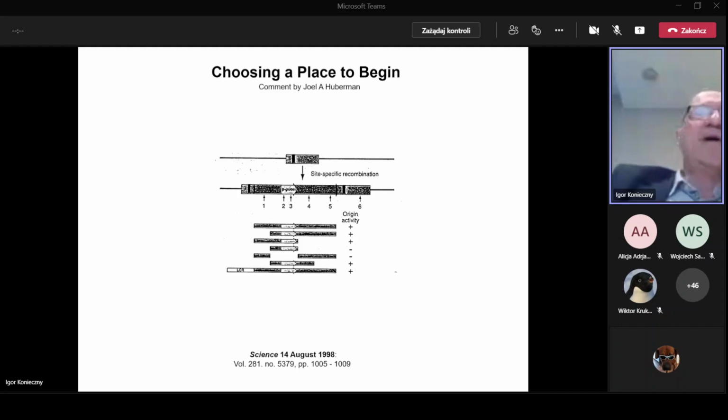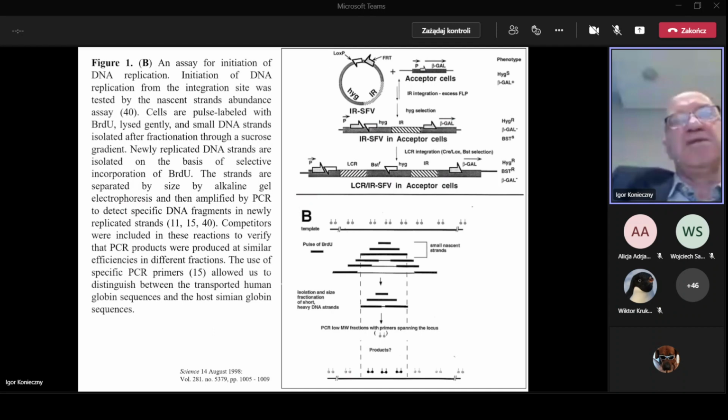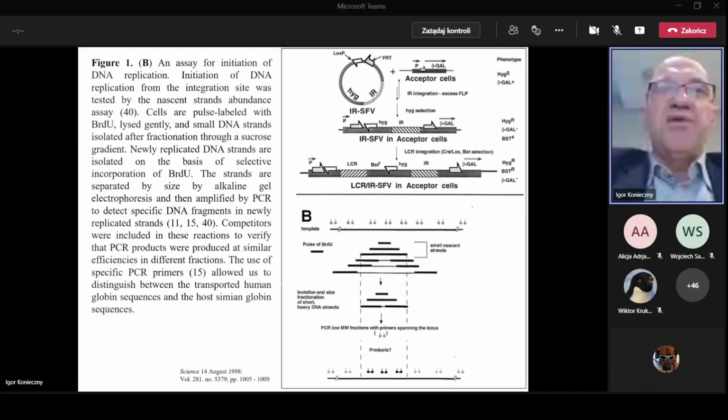It was done by cloning a particular fragment of human DNA into simian system cells and identifying whether this particular part of the DNA can serve as a site for DNA replication. It was the site which contains the gene for beta globin, and the specific experiment used bromodeoxyuridine labeling.